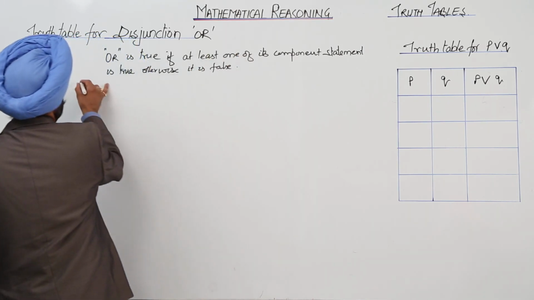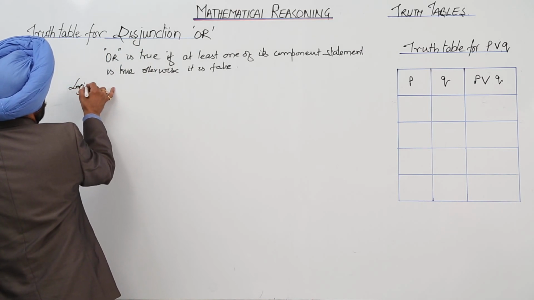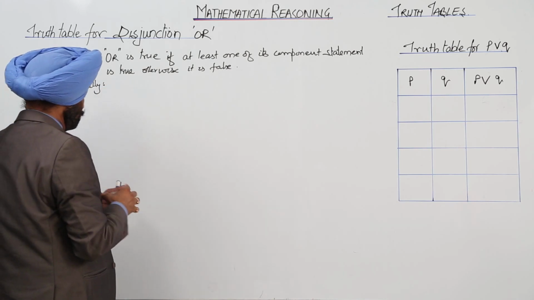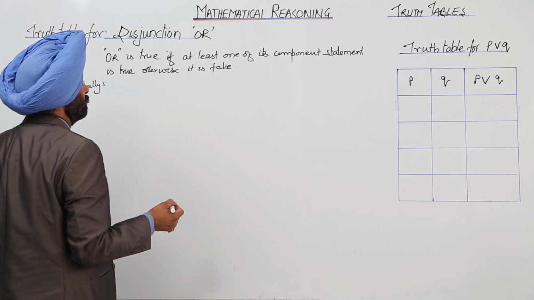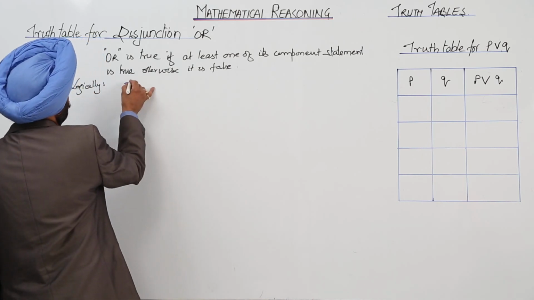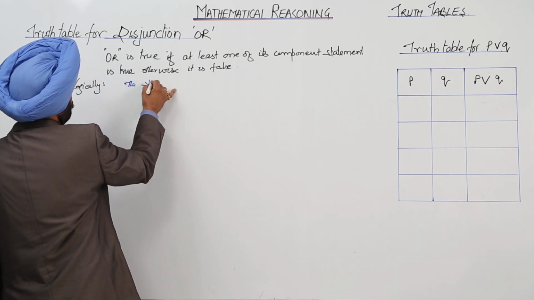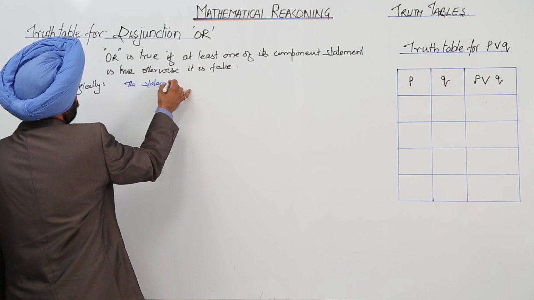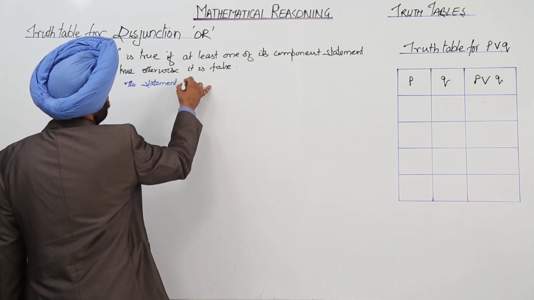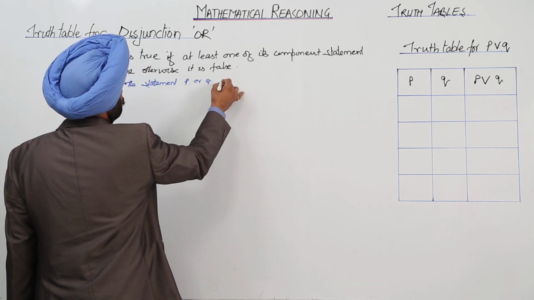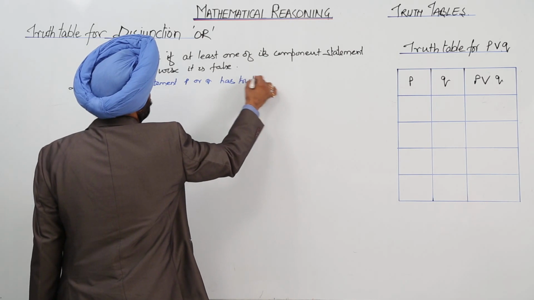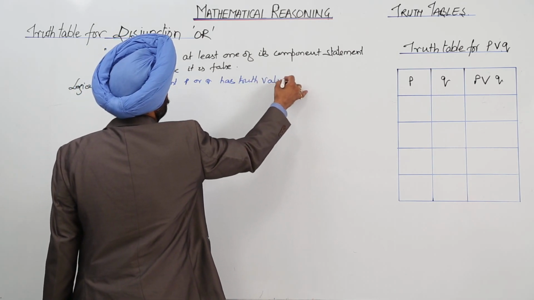Now logically, we can write it: the statement P or Q has truth value true.